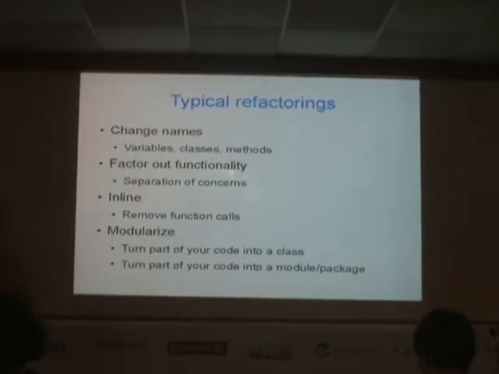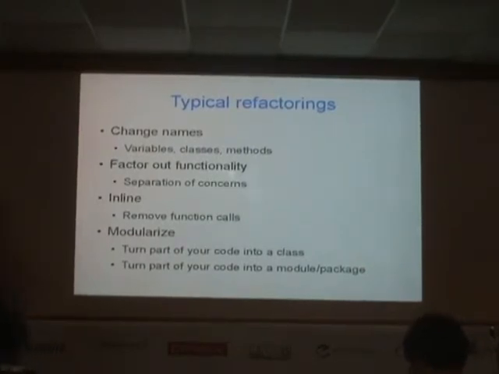But for instance, changing names, changing the name of a variable, changing the name of a class or a method, that is a refactoring. And names are important, so you should really make sure that your names reflect what your program is doing. If it doesn't, it's important to make such a refactoring.